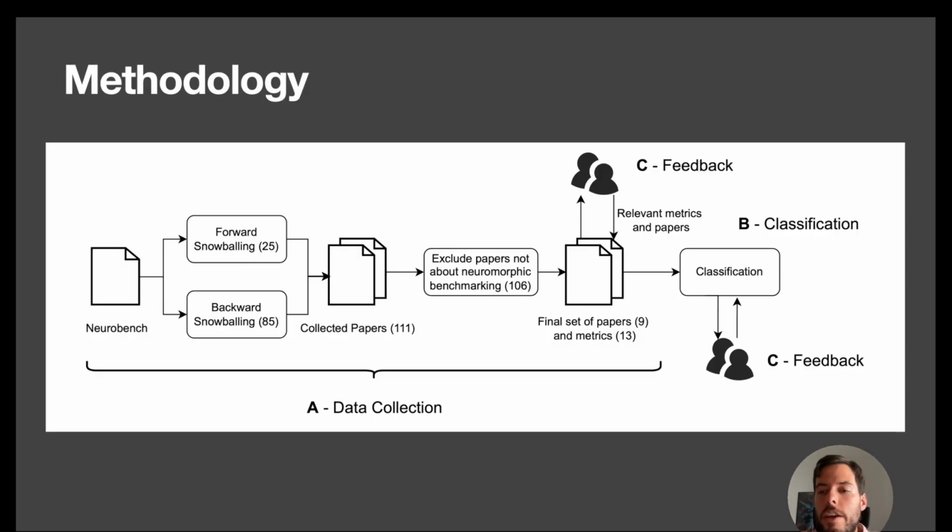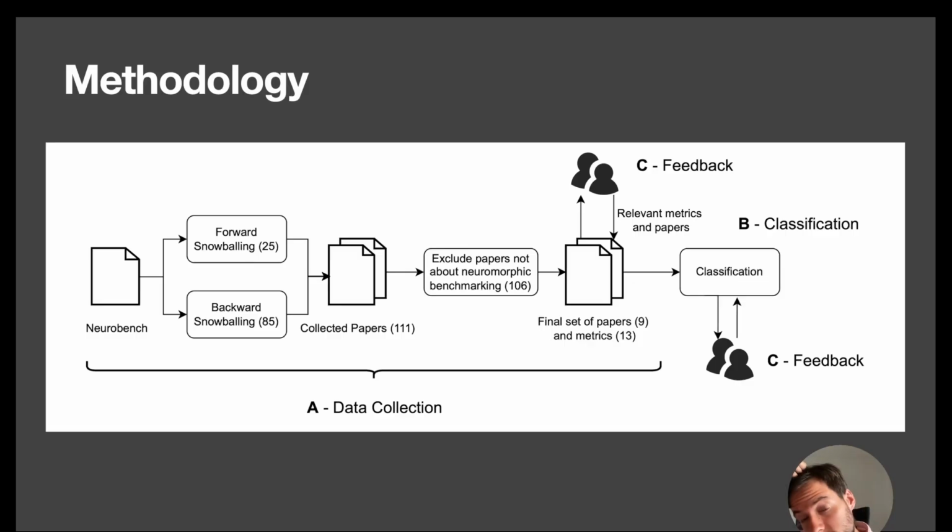Given how niche this field is right now, we follow a methodology of basically an ad hoc literature review rather than a systematic one. So we start with this paper, Neurobench, at the left.